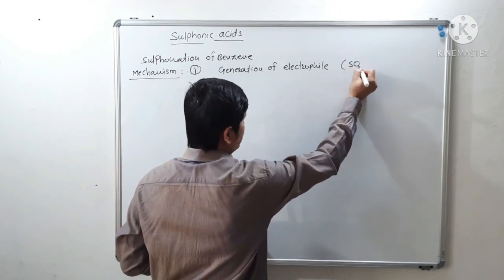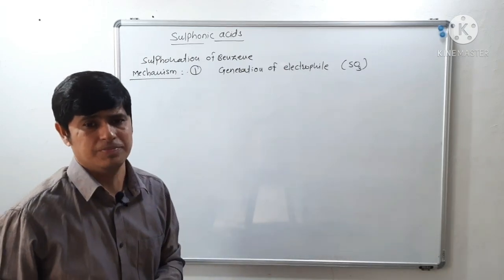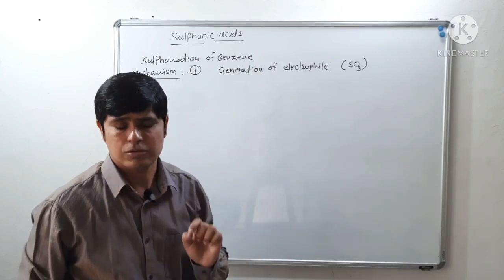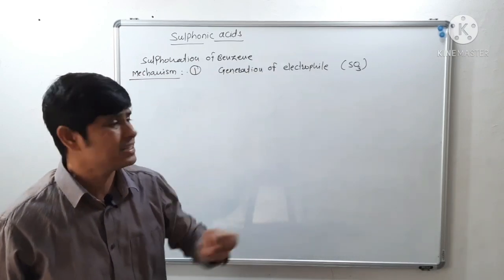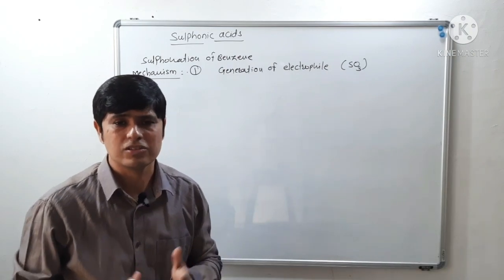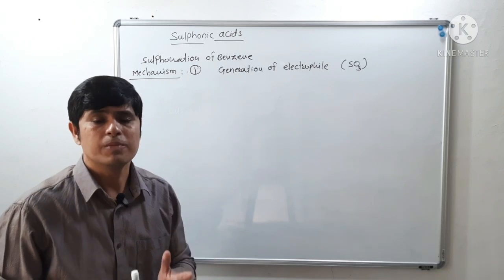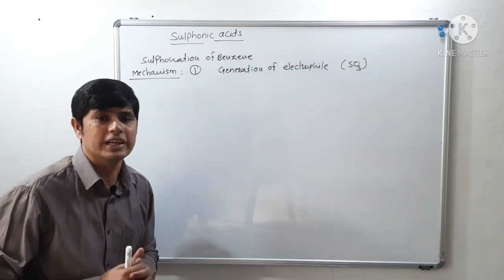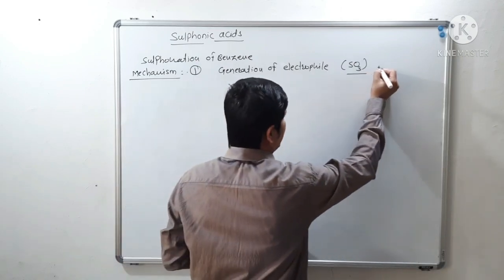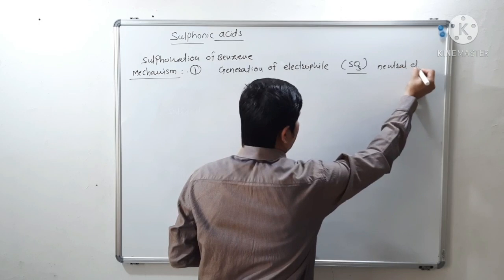Sulfur trioxide gas is the electrophile in the sulfonation reaction. Remember, sulfur trioxide does not have a positive charge on it, even though it is electrophilic in nature. So this is a neutral electrophile.